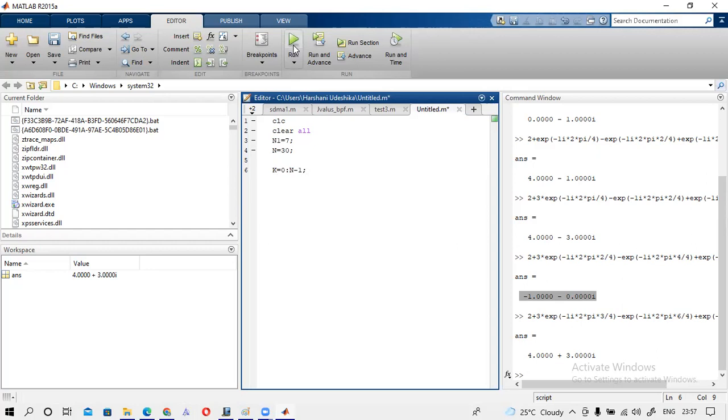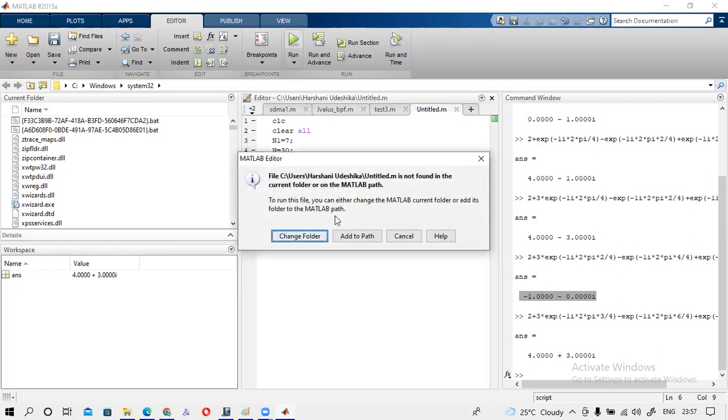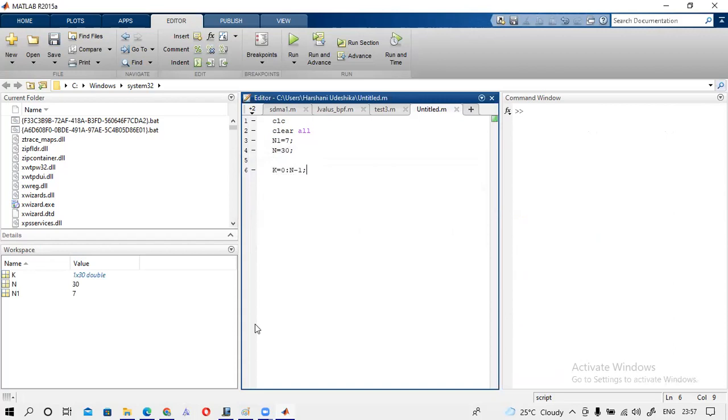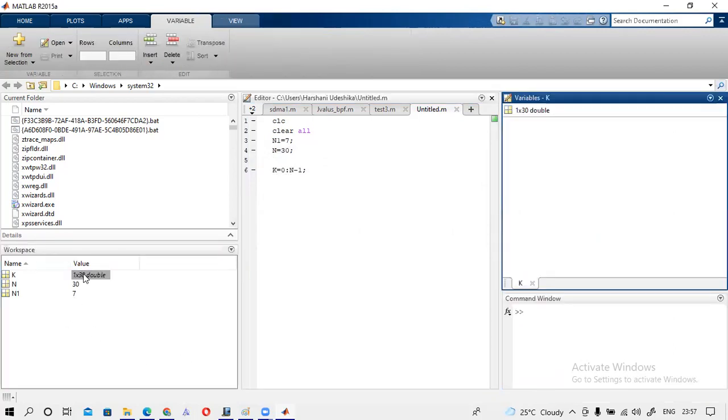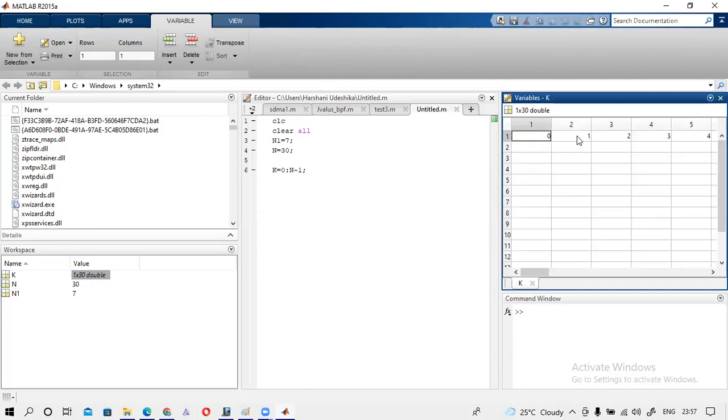For example, if I run this, you can see we will have 0, 1, 2, 3 up to 29. Correct, k is from 0 to N minus 1.